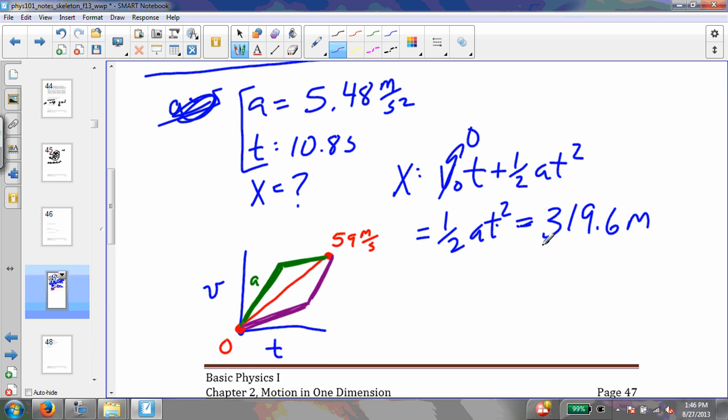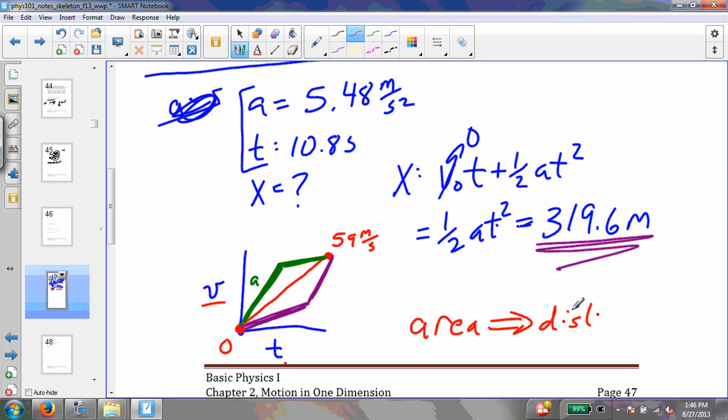Now, the red would give me this distance. Accelerating at the rate of the red, I would go 319.6 meters. Now remember, on a v versus t graph, the area under the graph gives the distance covered. So 319.6 meters on this graph is that area.